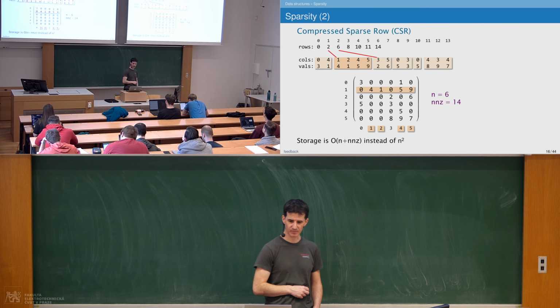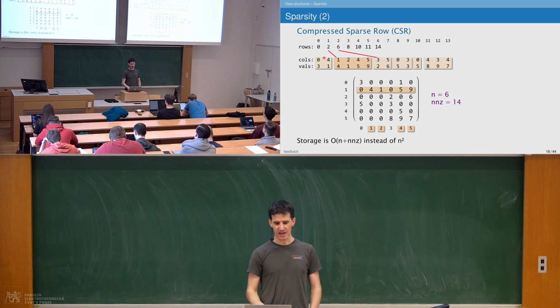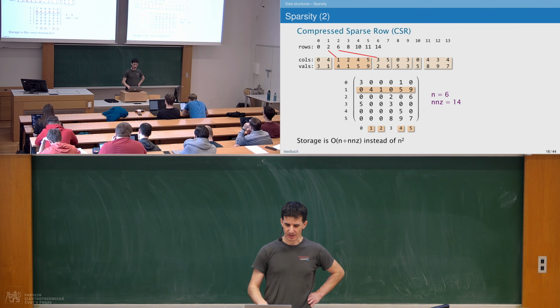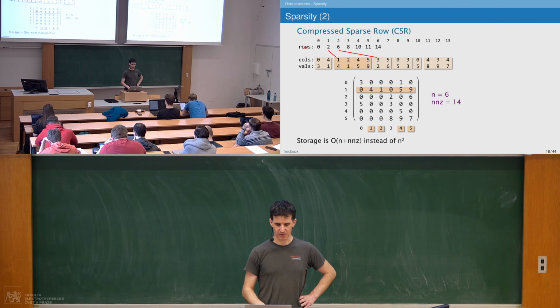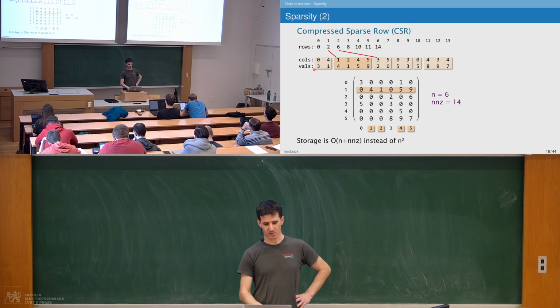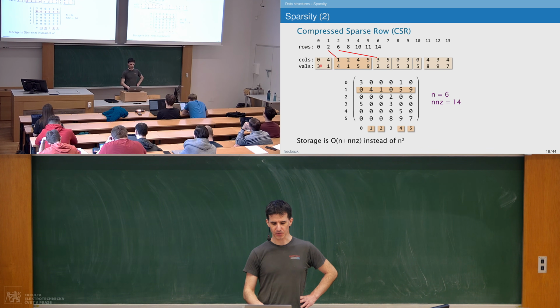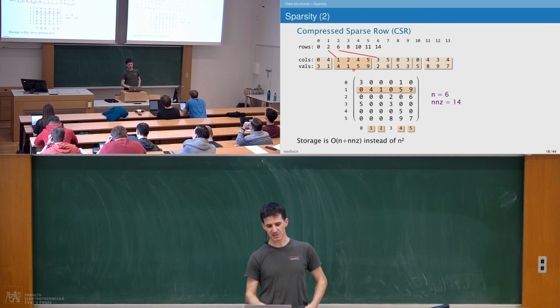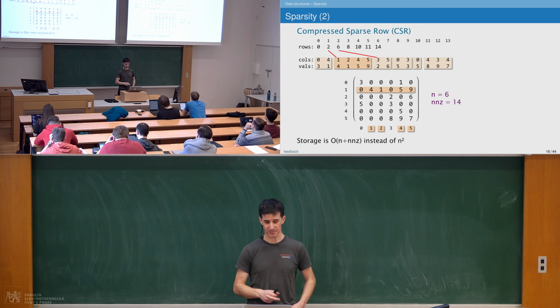So this is a way how you can store the same matrix, and you use just 3 vectors: rows, columns, and values. In the values, you just store all non-zero elements like 3, 1, 4, 1, 5, 9, and the rows and columns vectors encode which index into this array is valid for which value.